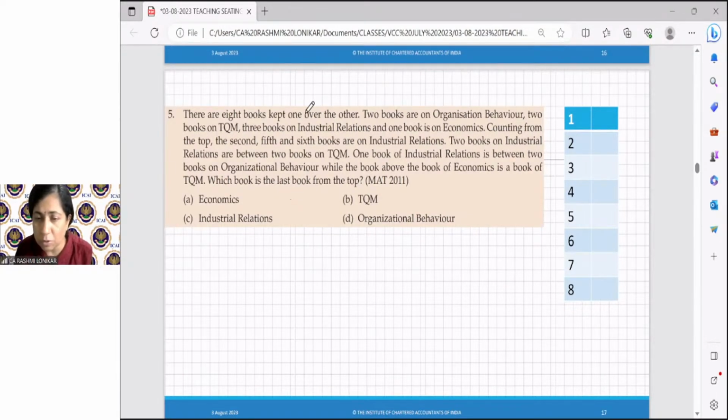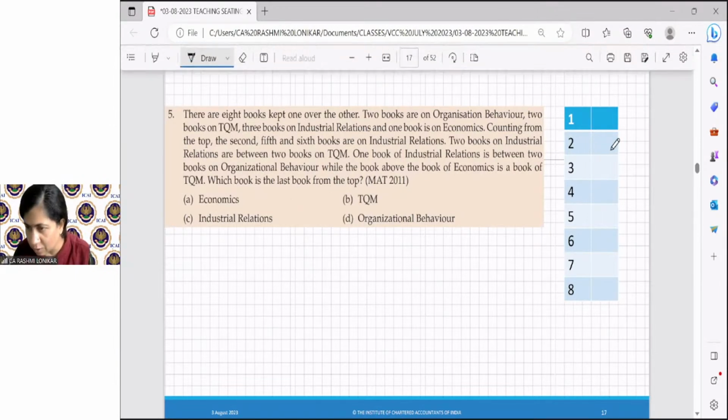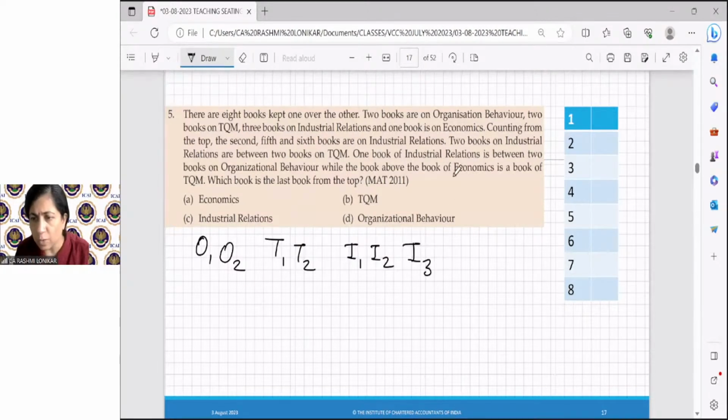Okay, there are 8 books kept one over the other. That is why I have already shown you like this. Okay, 1, 2, 3, 4, 5, 6, 7, 8. 2 books are on organization behavior, so O1, O2. 2 books are on TQM, T1, T2. 3 books on industrial relation, I1, I2, I3. 1 book is on economics. 8 books.